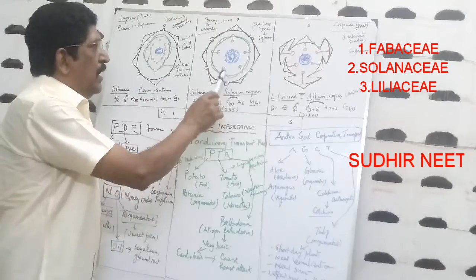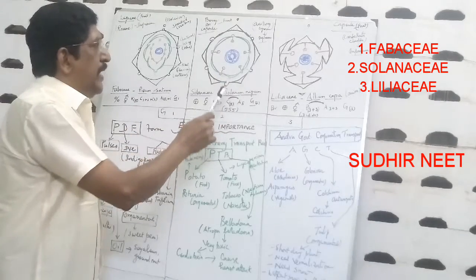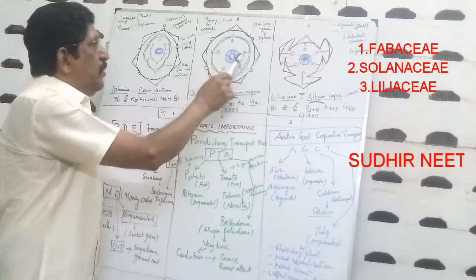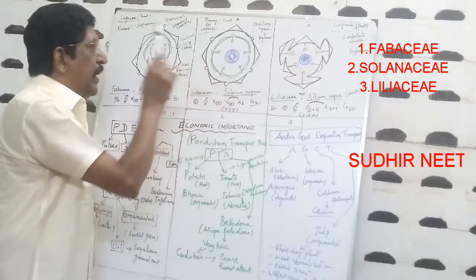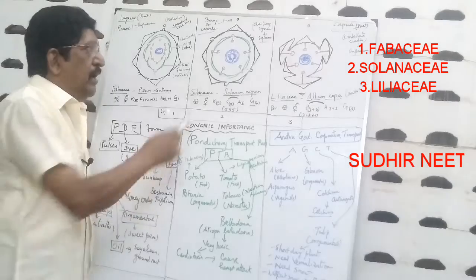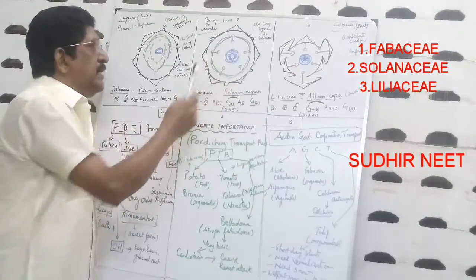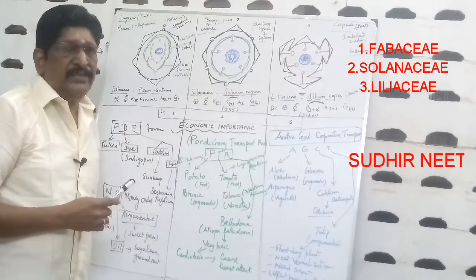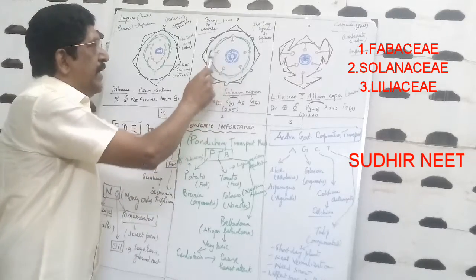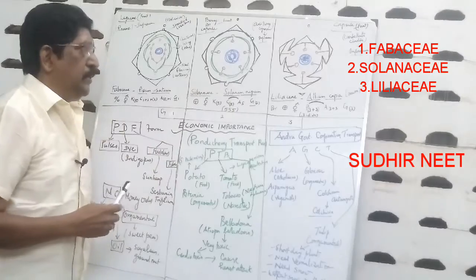Whereas here in Solanaceae, in Solanum nigrum, there are 5 stamens, 1, 2, 3, 4, 5 stamens. They are attached to the petals, adnation. It is epipetalous in condition. The stamens are epipetalous, attached to the petals.